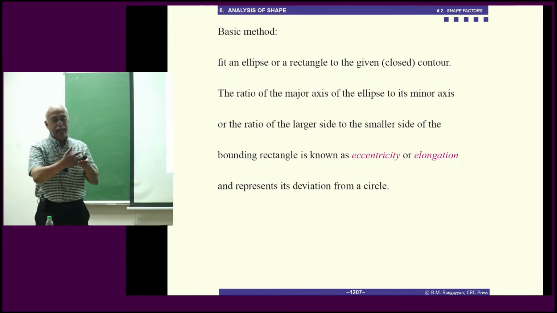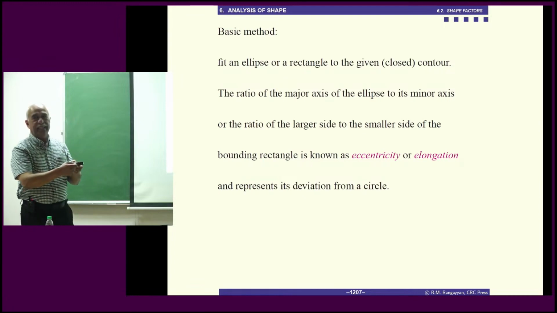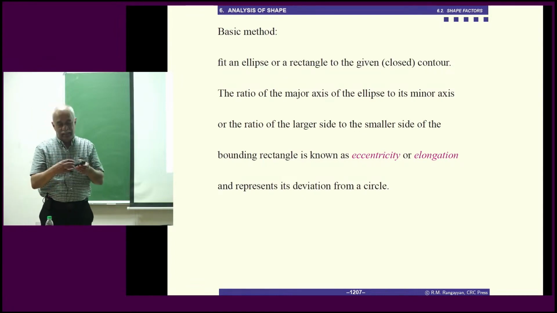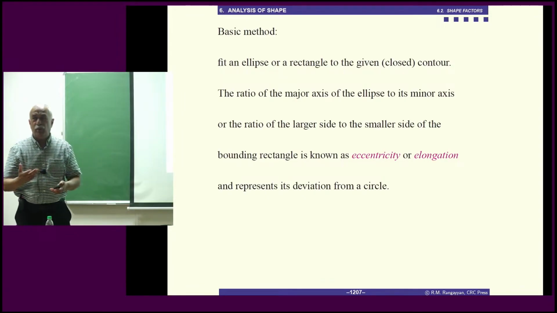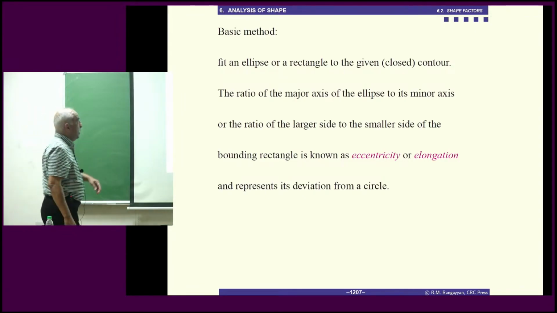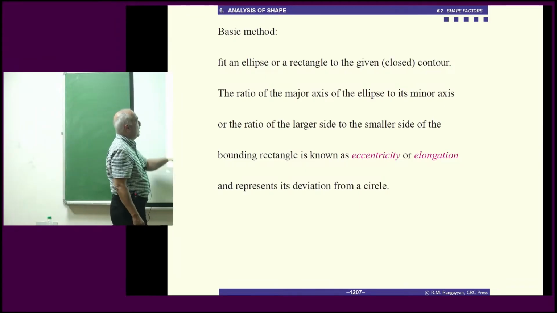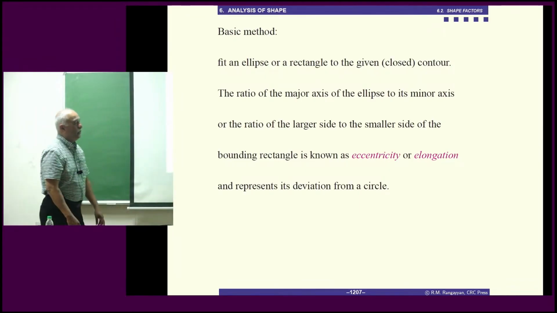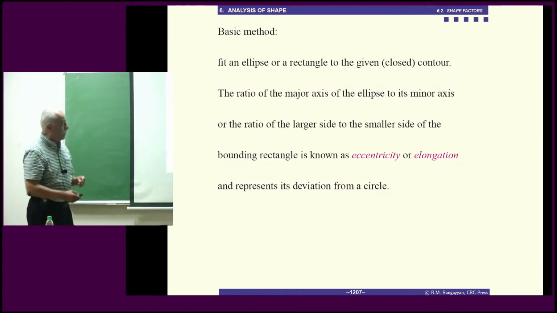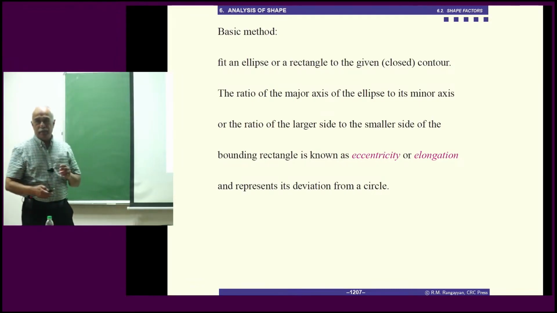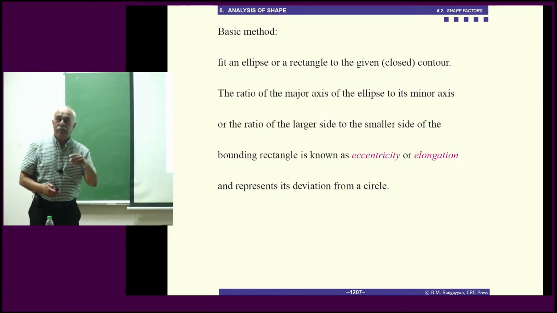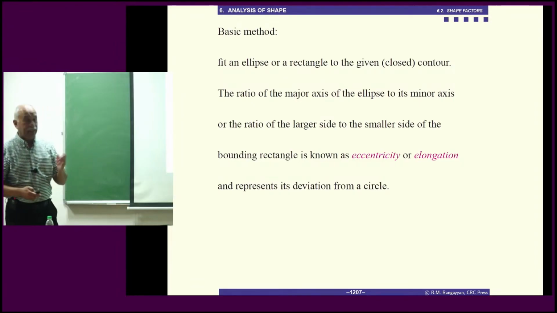If you fit an ellipse, it'll give you an eccentricity ratio. How far is it from a circle? That's also a measure of being oblong. So eccentricity or elongation can be measured by using a bounding rectangle or a bounding ellipse. That can be done fairly easily, and you can do some of this using the Fourier coefficients that we will see later.